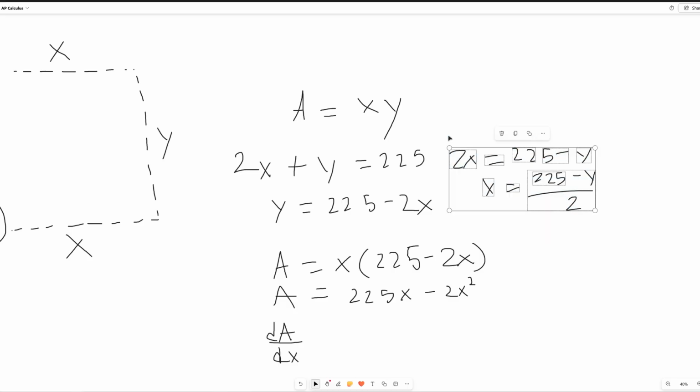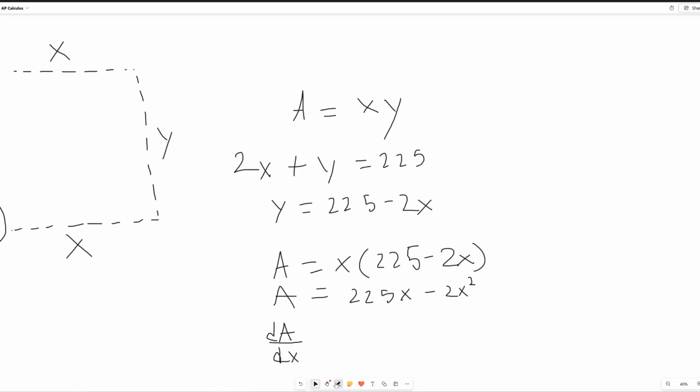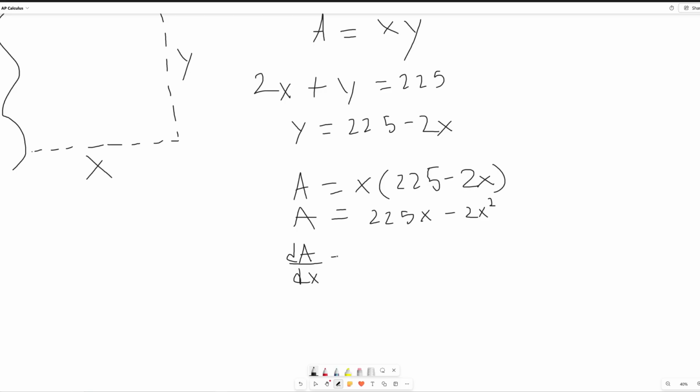But that is a lot more work with all the fractions you have, and it's just not going to work out for the time that you have. It will get you the right answer, but it will take really long. So the derivative is going to be pretty simple, 225 minus 4x. So now, using this principle, this is a negative parabola.